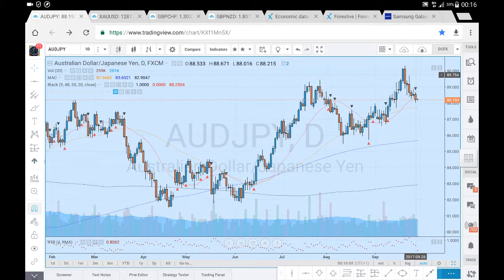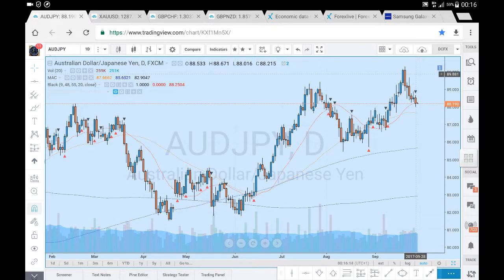Now, if I was taking this EOD trade, my stop would be placed at the height of the candle, the high being 88.67, which is currently 47 pips away. My downside target from 88.20 would be 86, as that's where we posted that higher low from.